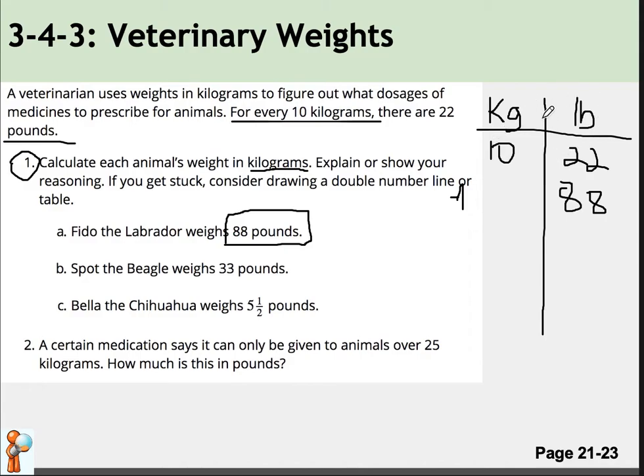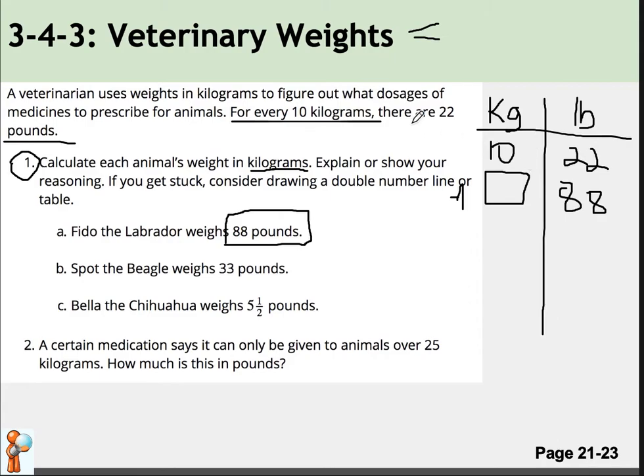So anytime we're using a table, we want things to be equivalent or equal. Equivalent ratios. So we need to find out the kilograms. This is where you can cross multiply. I'm going to change my color to red.